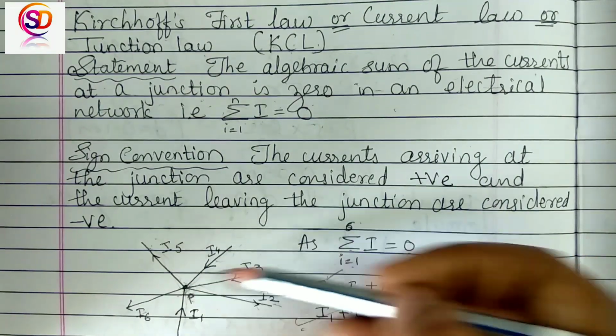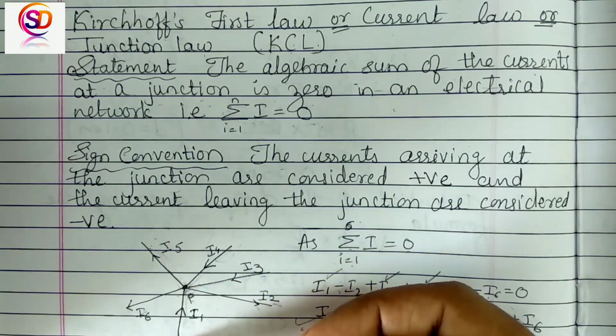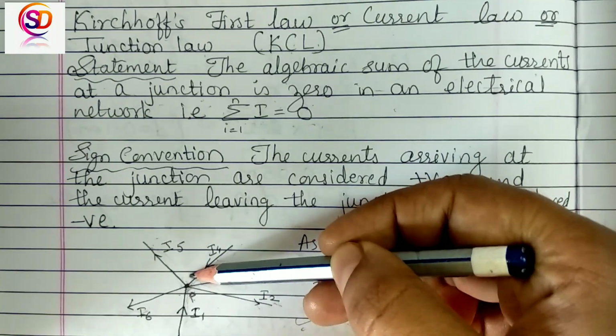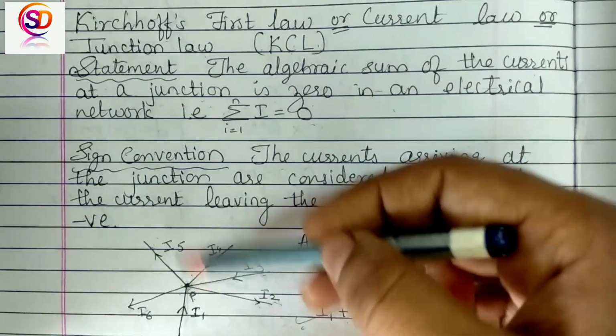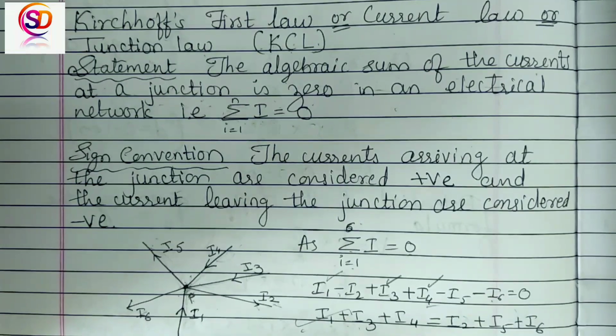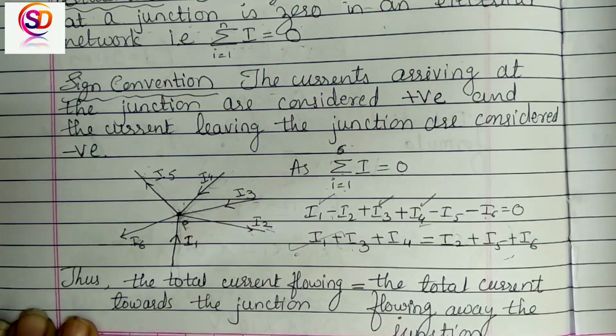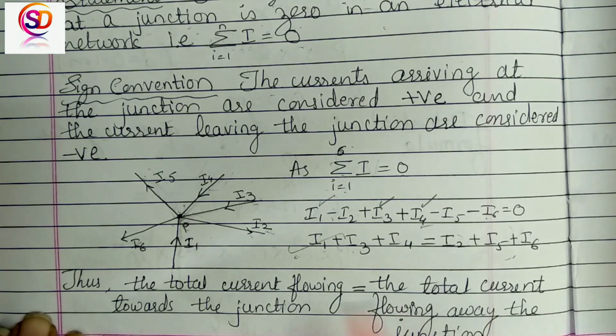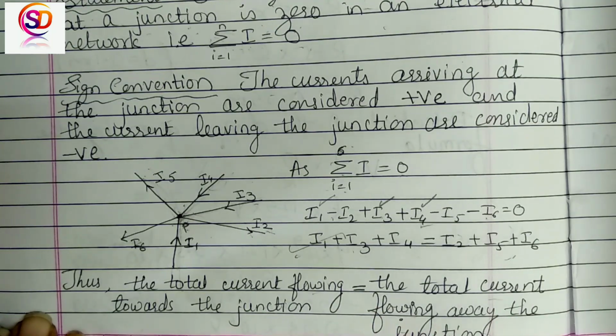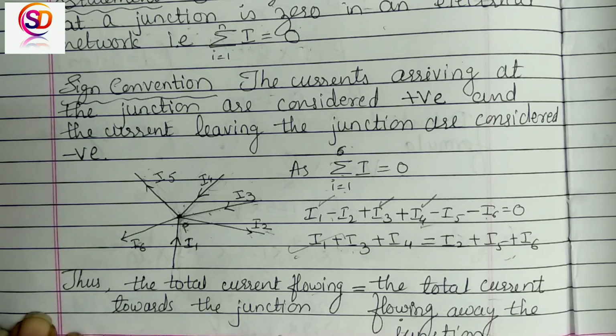The total current flowing towards the junction is equal to the total current flowing away from the junction. Kirchhoff's first law is consistent with the conservation of electrical charge.